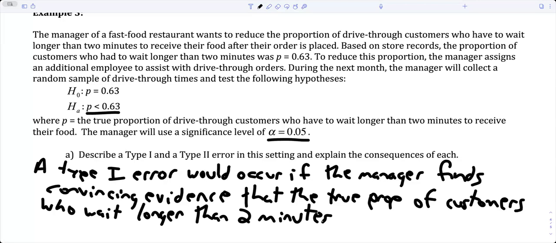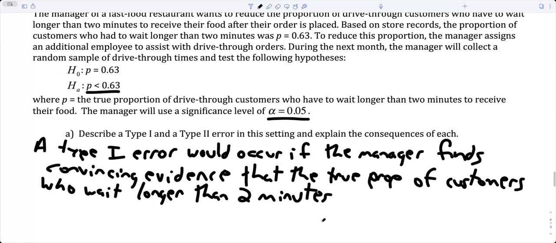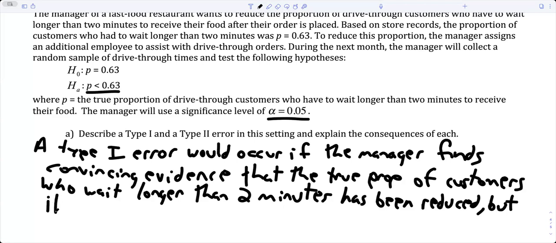So the manager finds convincing evidence the true proportion of customers who wait longer than 2 minutes has been reduced, but it really has not been reduced.